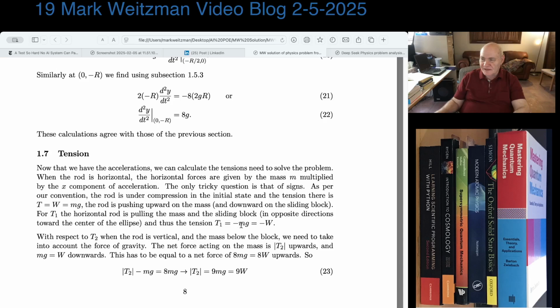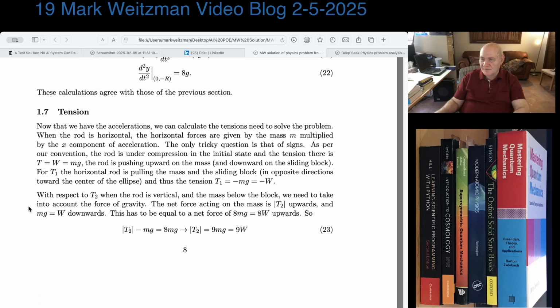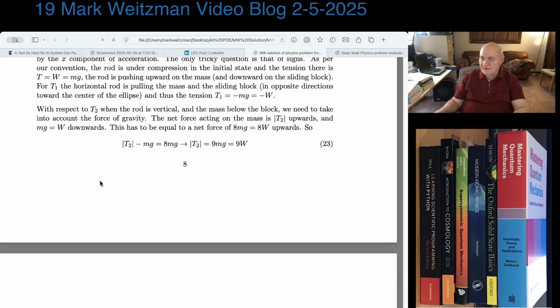So we already calculated the acceleration as g, and clearly on the side the rod is pulling the mass, so we're going to get that T1 is minus W. You can read my explanation a little bit more. With respect to T2, now we have a gravitational force acting downward.